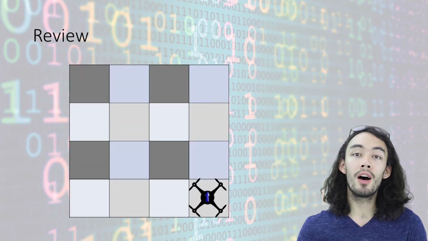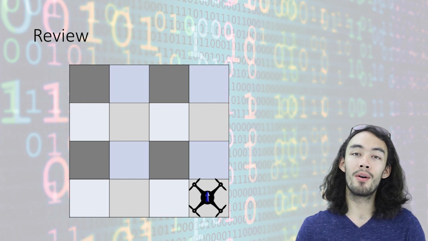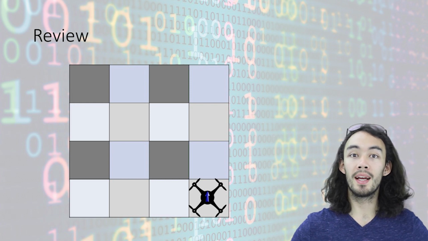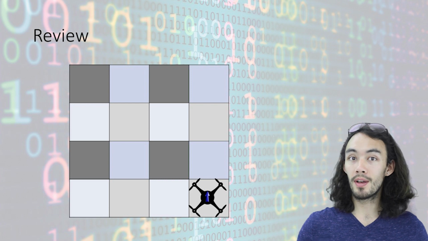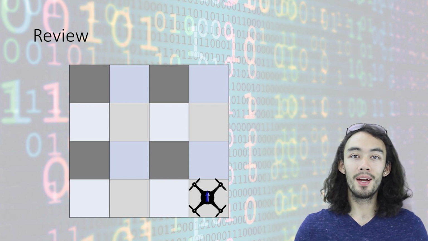So to start with the review, I would like to go through one of the examples from the last video. Okay, so making clear instructions is very important when it comes to programming. So do we remember?